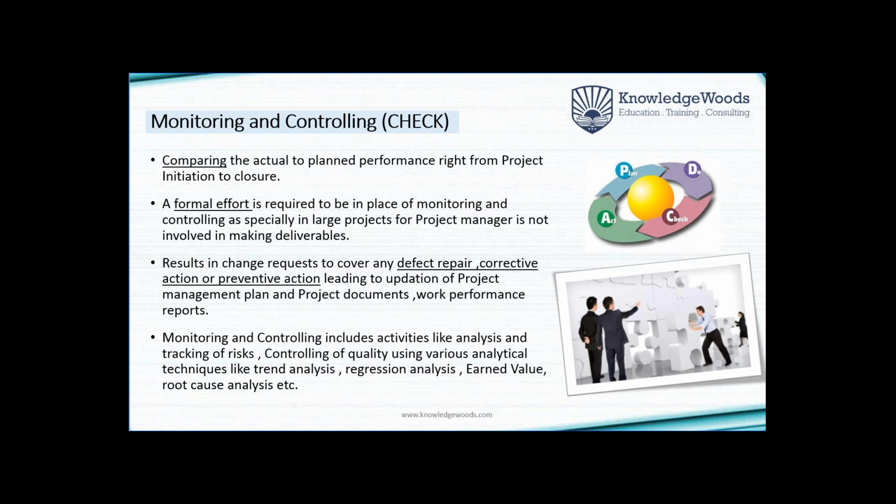Once we have done it, at least from next time onwards, we should not repeat the same things. So make certain efforts to do preventive action. How is it going to be possible? Only when you get the data and get certain variance information from the field.